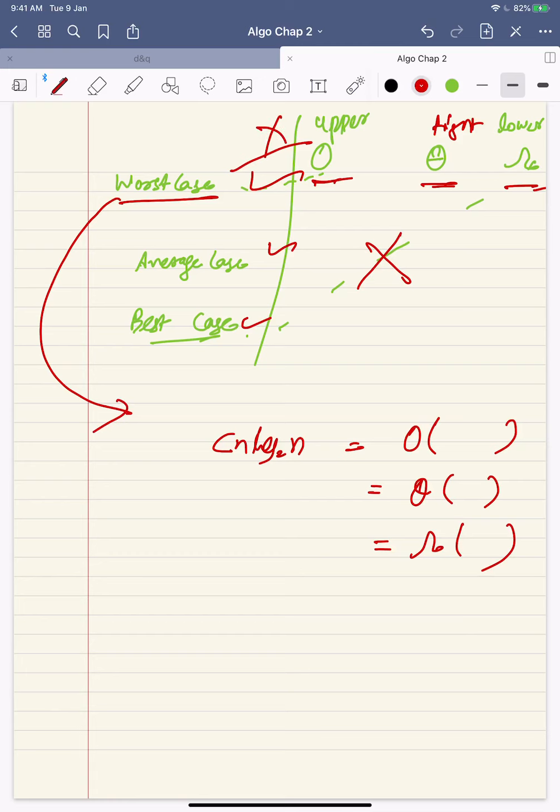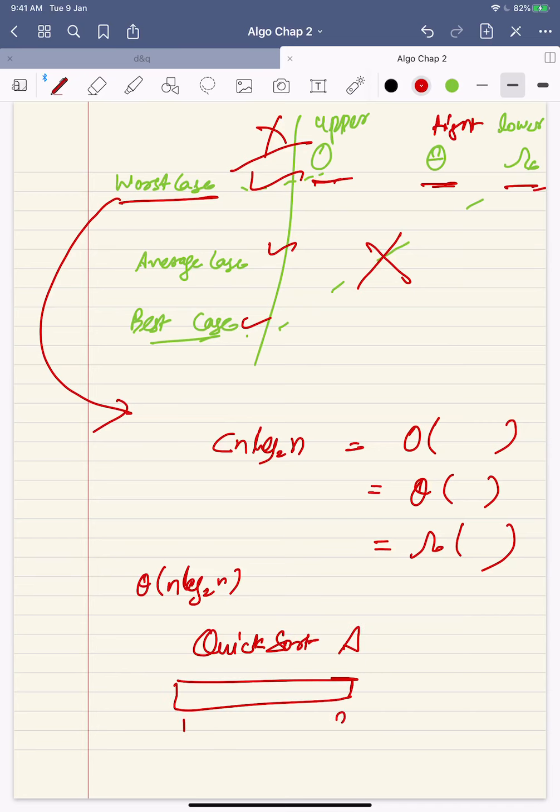Now going back, we found that merge sort has a complexity of theta n log n. Now what about QuickSort? You might remember QuickSort. Again, a very interesting idea. You have an array of size n. Now how do you apply QuickSort? You choose an element as the pivot. Say you take the first element as the pivot.